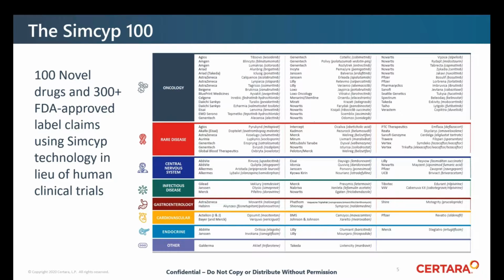Once you've applied the PBPK approach and developed the model, you can use that model to answer multiple questions and make potentially multiple label claim attempts. And so in total, there are over 300 claims based on our technology benefiting those 100 drugs.